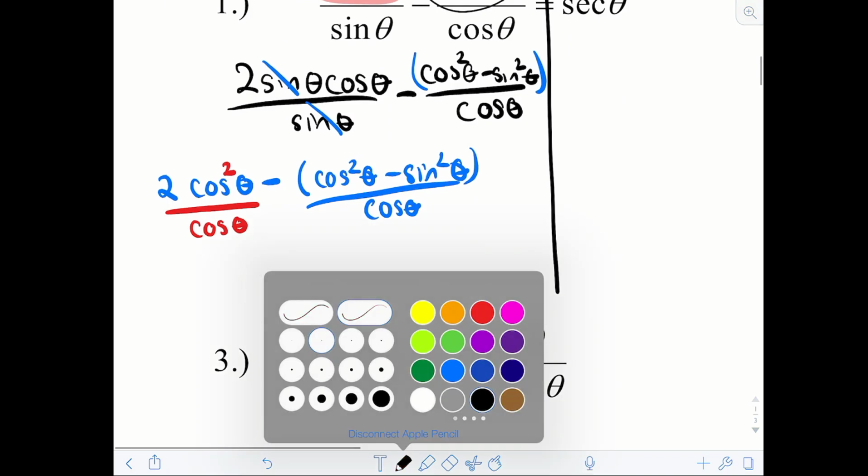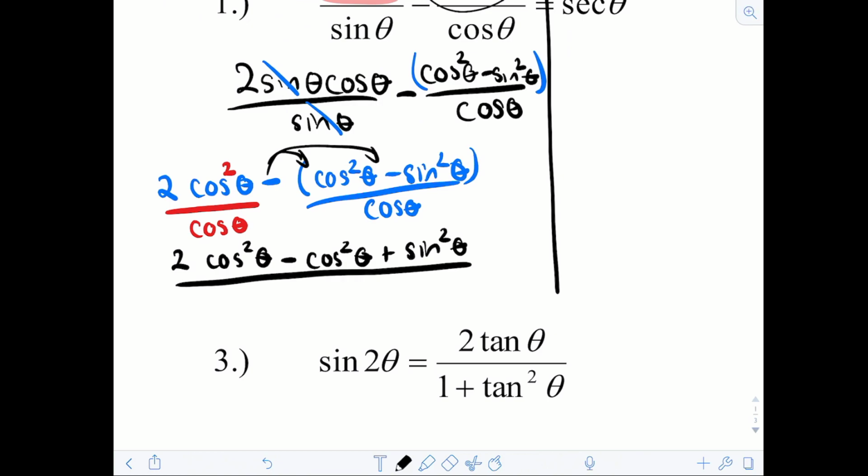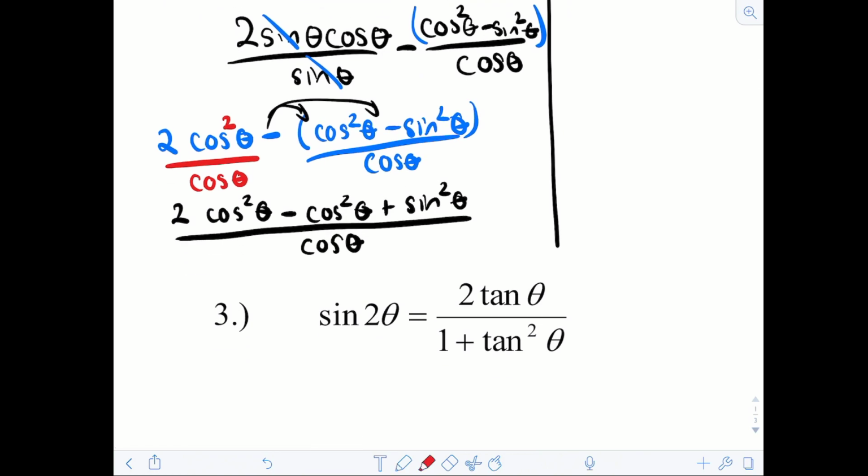And now I'm going to have 2 cosine squared theta. Now I'm going to also distribute this negative, so this will now become negative cosine squared theta plus sine squared theta, and then all over cosine of theta. And then I can see right here that both of these are cosine squareds, but this one has 2 of them.